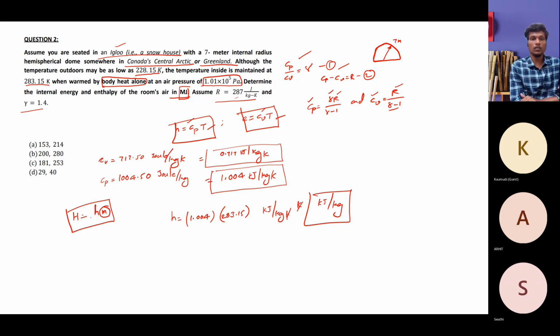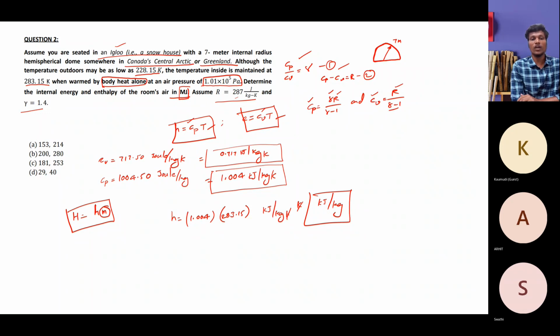Let me ask one by one. Arhit, do you have any idea how to get this mass present in the igloo? Because now you have the enthalpy in kilojoules per kg. As you already multiplied with temperature, your temperature term is gone.